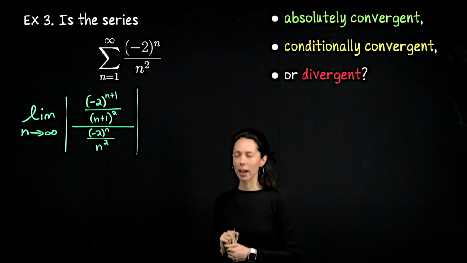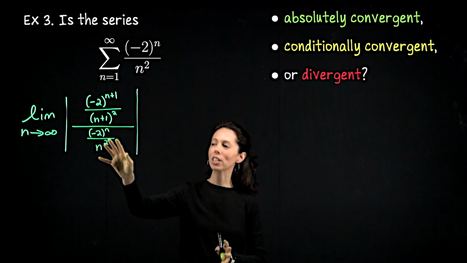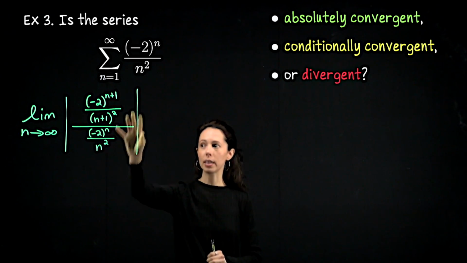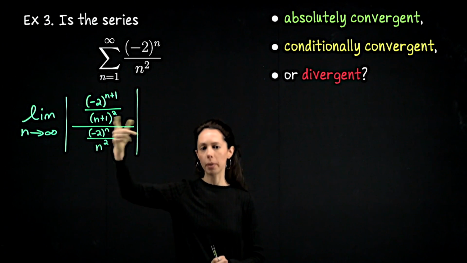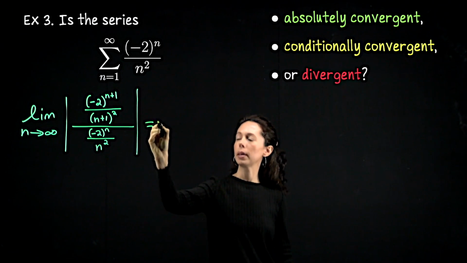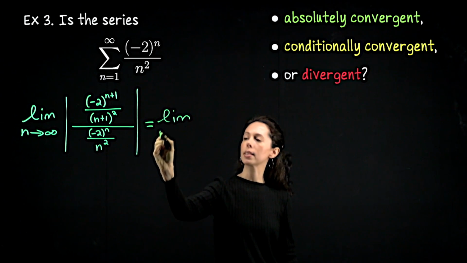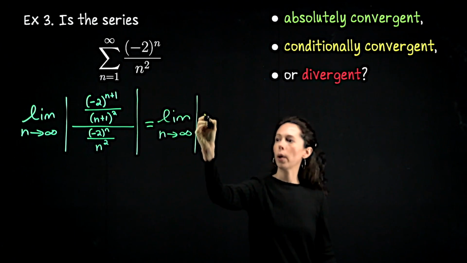Okay, as I said, I'm only going to write something over something over something once for the rest of the lecture, because what I want you to do whenever you see this kind of computation coming out of your work is realize that dividing by a fraction means multiplying by the reciprocal. So this is going to look a lot better and be easier to simplify if I write this as the limit as n goes to infinity of this fraction the way it is.